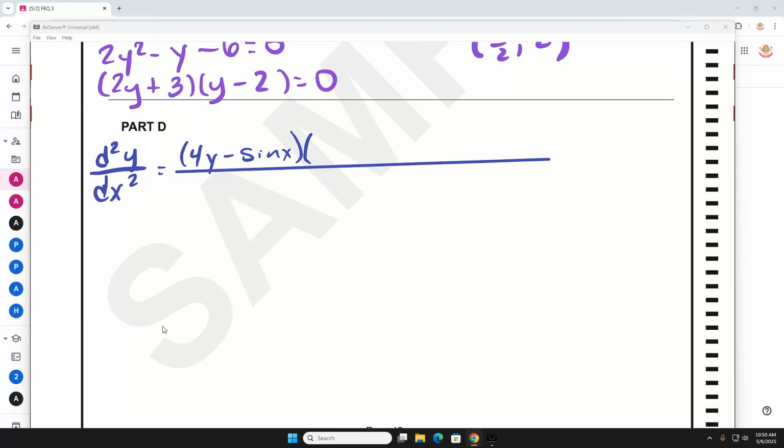So it's y, and then what's the derivative of cosine? Negative sine.